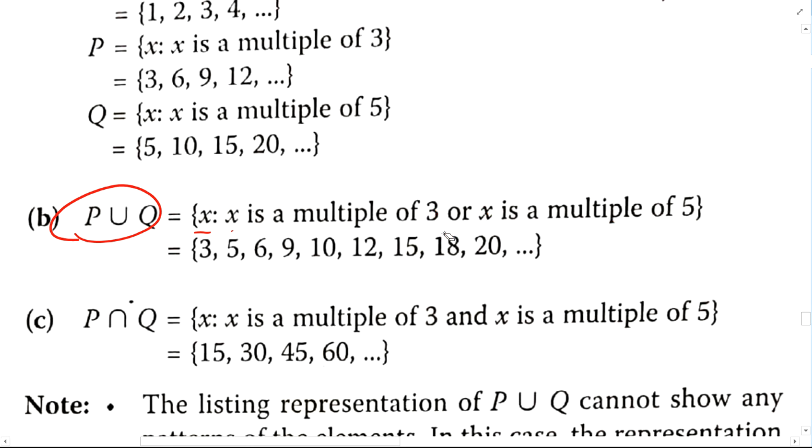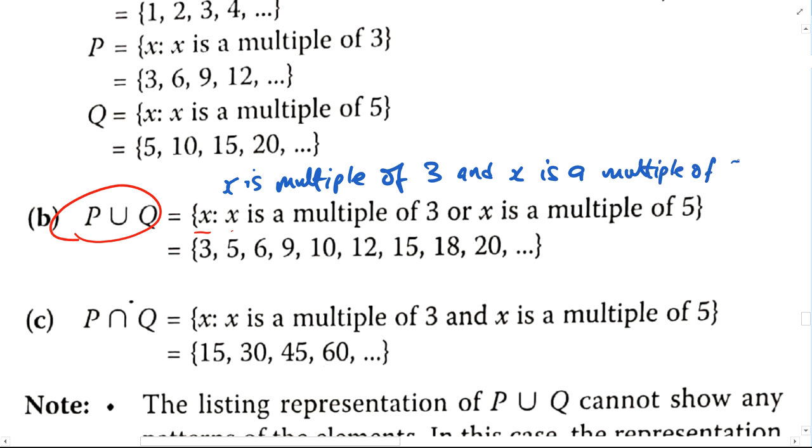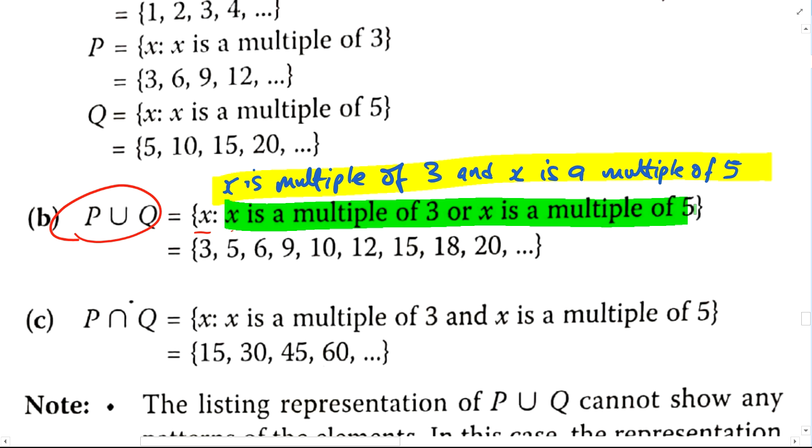Let us compare it with this. We're going to write above it, x is a multiple of 3 and x is a multiple of 5. Okay, is there a difference between these two? Yellow and green. What is the difference?